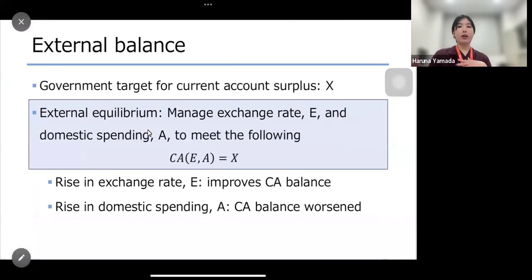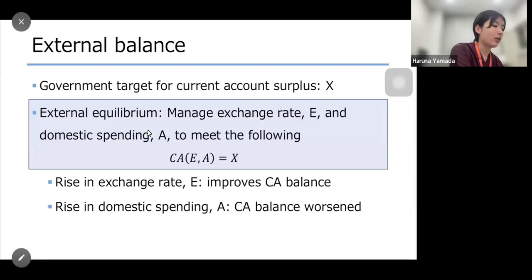Now move on to the external balance. So let the government target for the current account surplus be X. So X is a target for the current account surplus. External equilibrium is that we manage the exchange rate E and domestic spending A to meet the following condition.